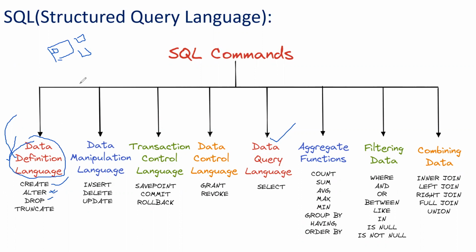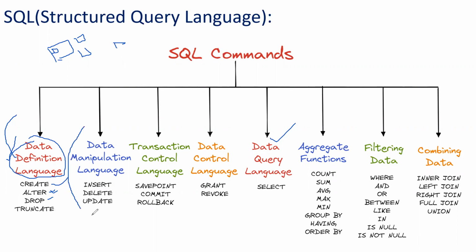And drop means if you want to drop a row or a column, at that time we can use drop. Truncate also, if you want to delete the entire table, then we can use it. We'll discuss this in depth whenever we discuss a particular keyword or command.